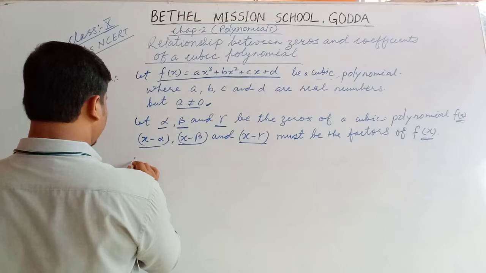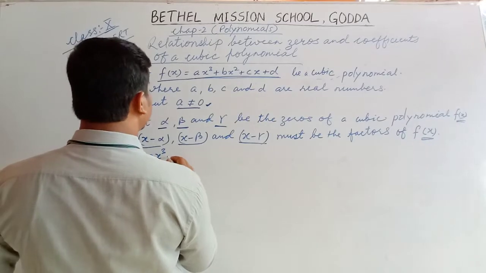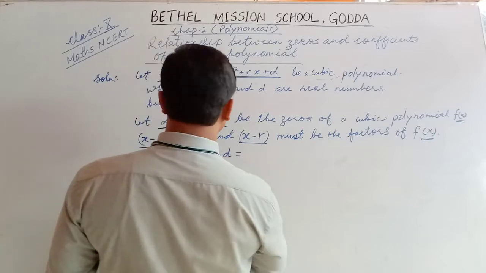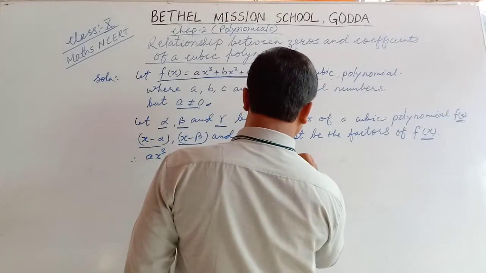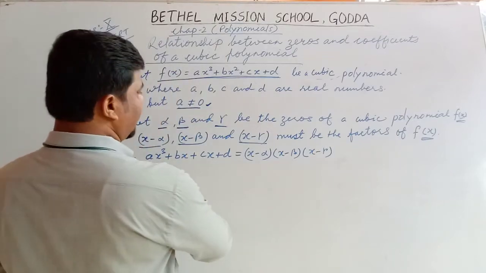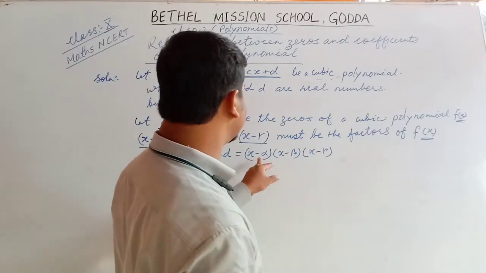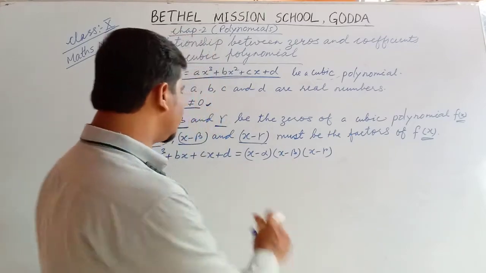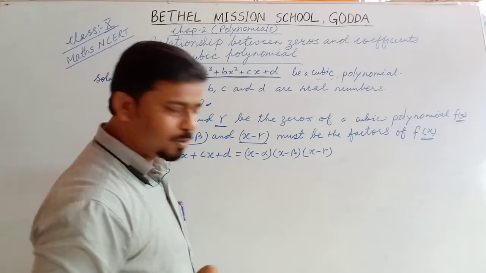Therefore ax cube plus bx square plus cx plus d equal to x minus alpha into x minus beta into x minus gamma. This is the factorization form, because these three are the factors of this polynomial.